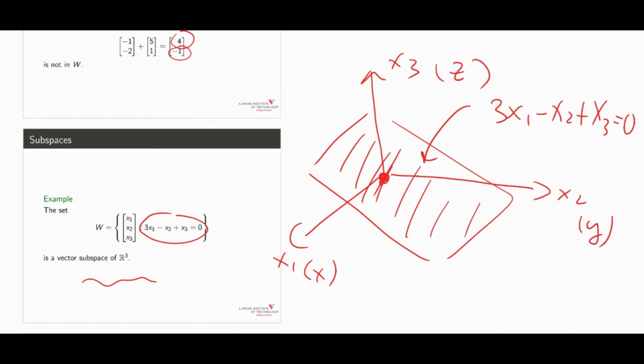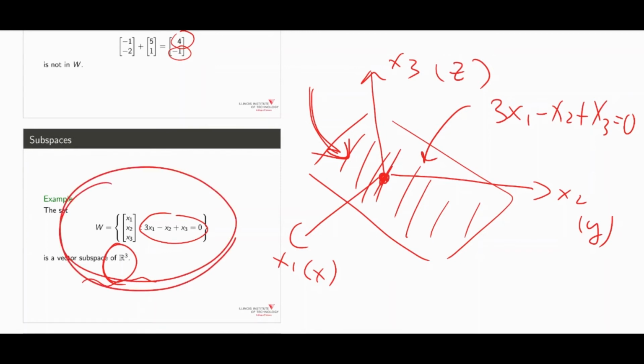So the question is, this subset, something that's actually smaller than R3, will it also be a vector space or not? We know they are sitting inside R3, which is a vector space under the usual vector addition and scalar multiplication. So we don't have to verify the 10 axioms.